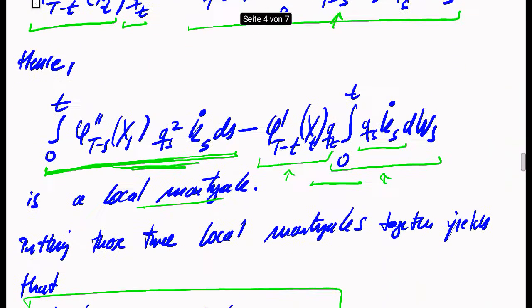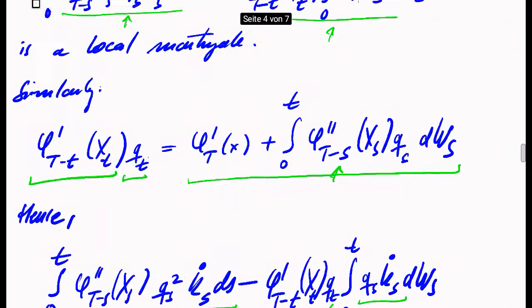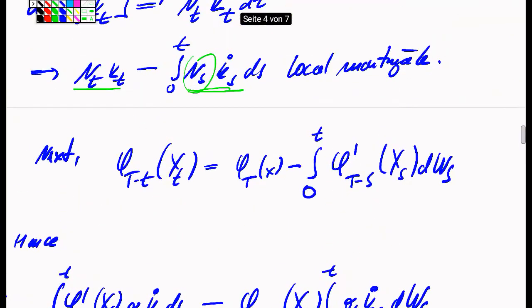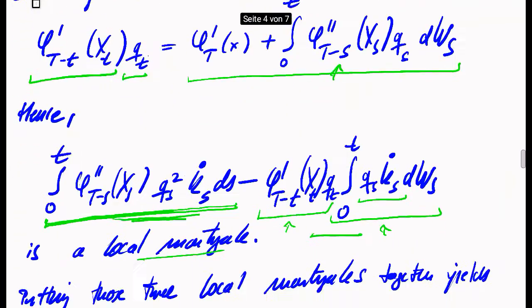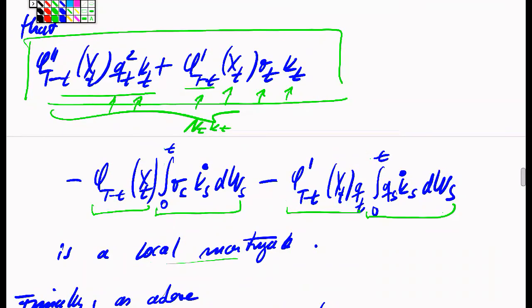So that's the only replacement that we do. We do these two replacements for these two integrals which appear in this compensator on the right-hand side, which allows us to conclude that this stochastic process altogether is in fact a local martingale.